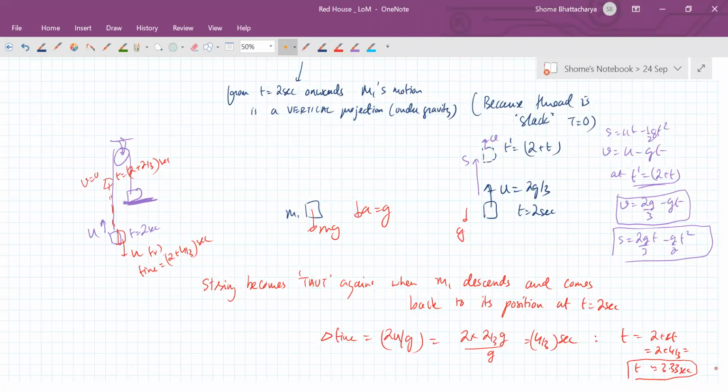So between 2 and 3.33 seconds, your string is loose, and the other block M2 is just being held in place while M1 is going up, decelerating, reaching the highest point, then coming down, accelerating, and like that.